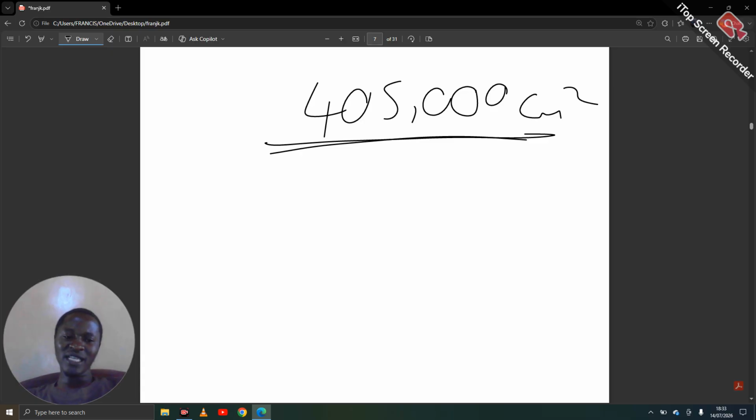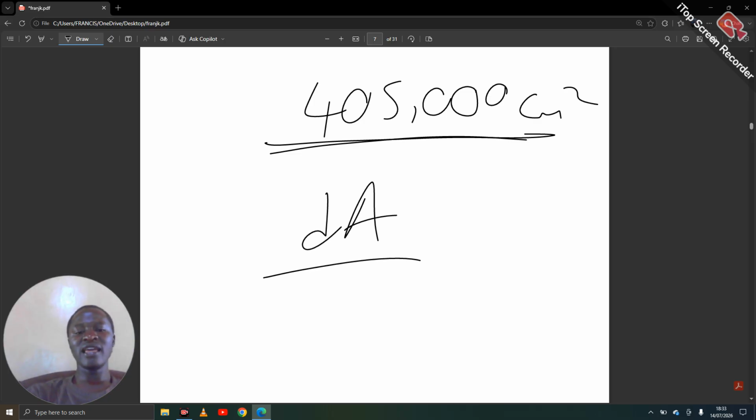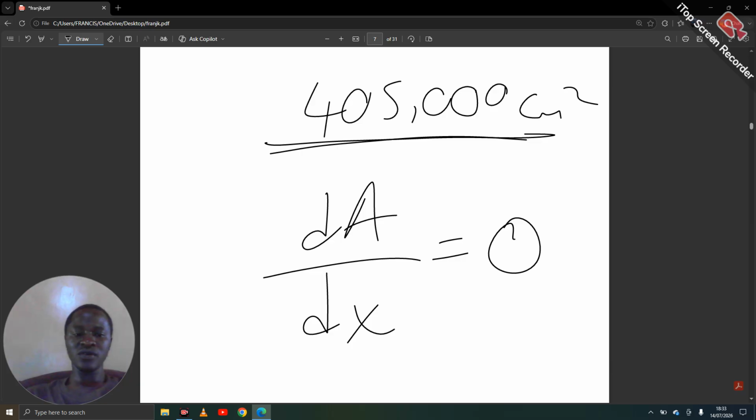I think I've just explained those things. What I'm trying to say is that if you differentiate the area with respect to the length, that is the coefficient of the length, which is x, then after differentiating it, equate it to 0.